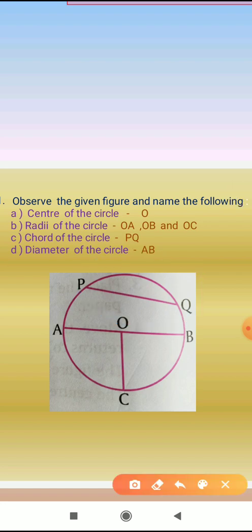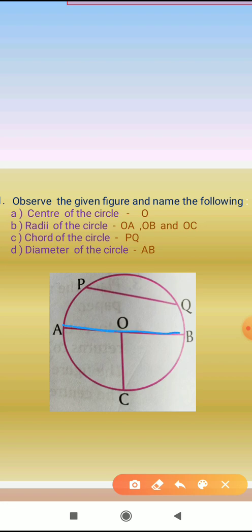Next we have to name the diameter of the circle. Diameter means the chord which passes through the center of the circle and divides the circle into two equal halves is called the diameter of the circle. So in this figure, the chord which passes through the center of the circle is AB.